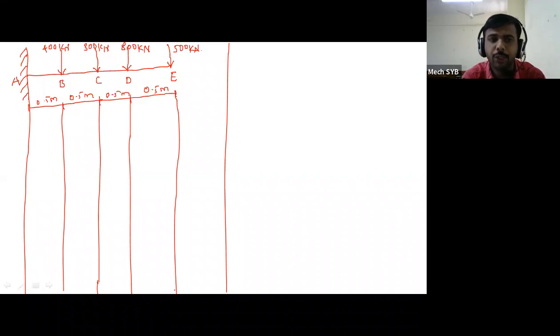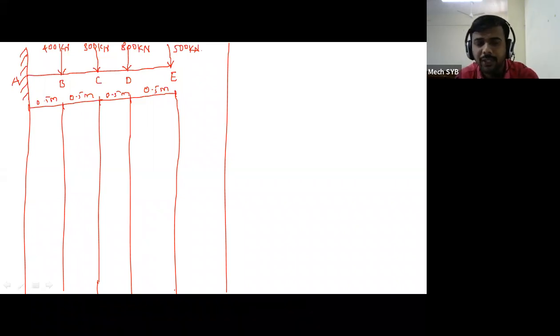If it is subjected to a UDL, then we need to convert that UDL into a point load, and again that point load we have to represent by dotted lines. That means once again we have to draw the loading diagram. But here the beam is subjected to only point loads, so there is no need to draw the loading diagram once again. So directly we can go for the reaction calculation.